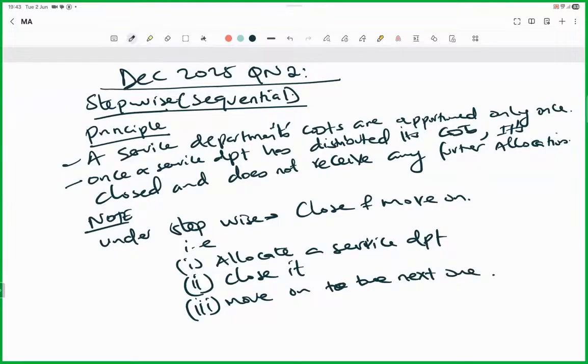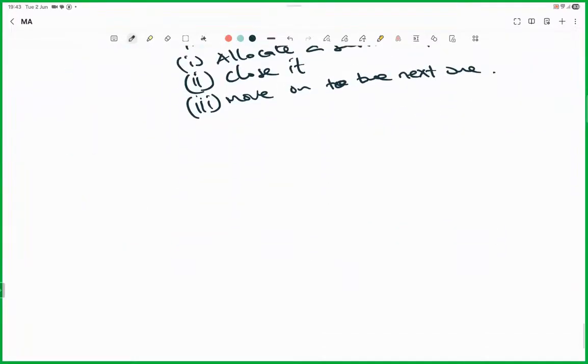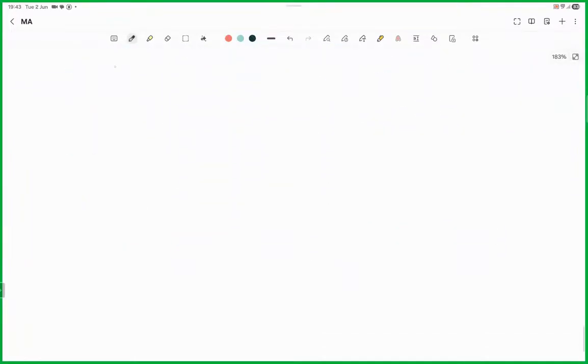So then let's look at our question, the question of Ushindi Limited. So you can see, ladies and gentlemen, I can see the inter-service apportionment, what we call inter-services.